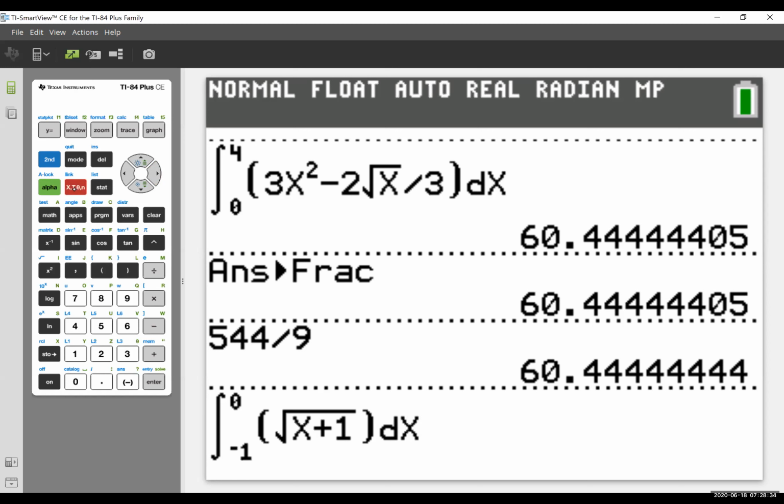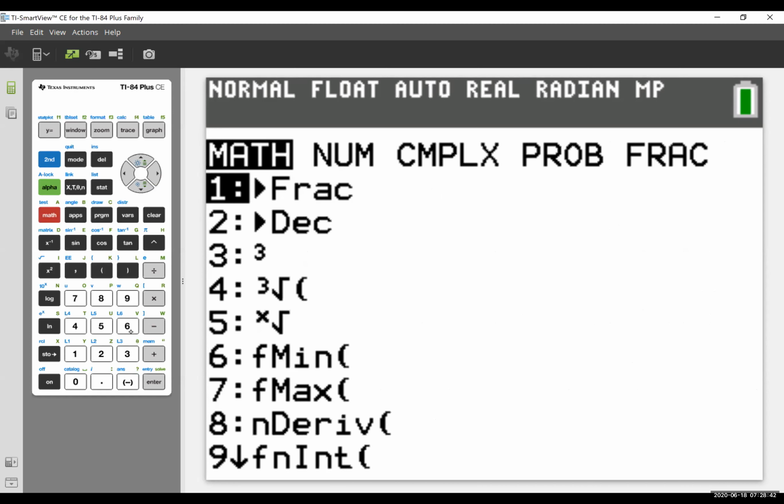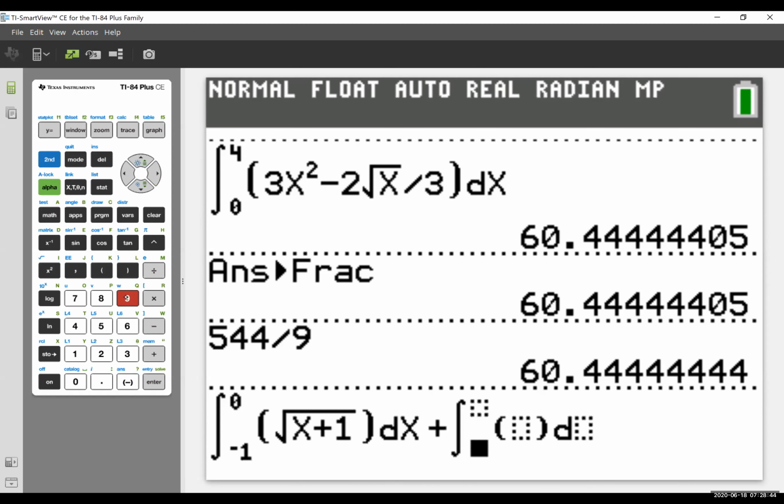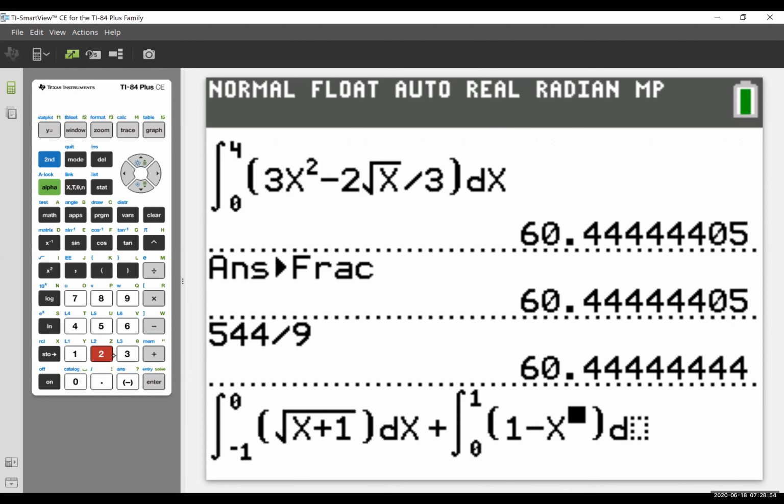Then we can take care of this all in one shot. Call up the integral again, number 9. We're going to go from 0 to 1, and this time around, we're saying 1 minus x squared, again with respect to x.